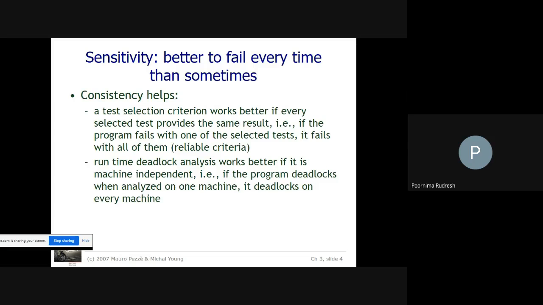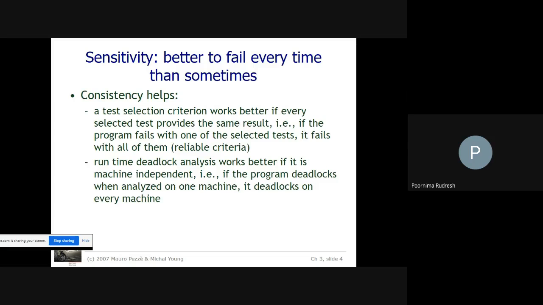So here the sensitivity principle can be applied in three main ways. One is at the design level, one is at the analysis and testing level, and the other one is at the environmental level.